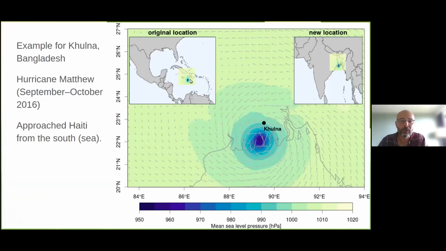We took Hurricane Matthew, from September and October 2016, which approached Haiti from the south. We moved it to Khulna, just took the field over and changed the coordinates, because it also comes from the south there. We can use this to simulate what would happen if this kind of storm hit the city of Khulna.